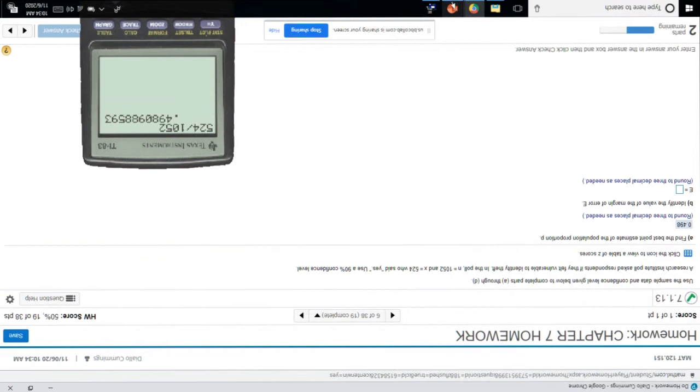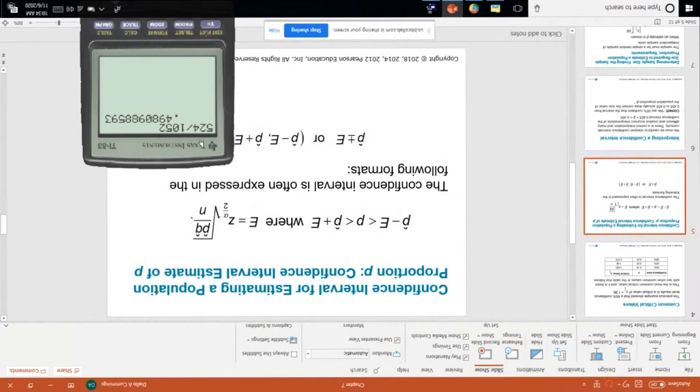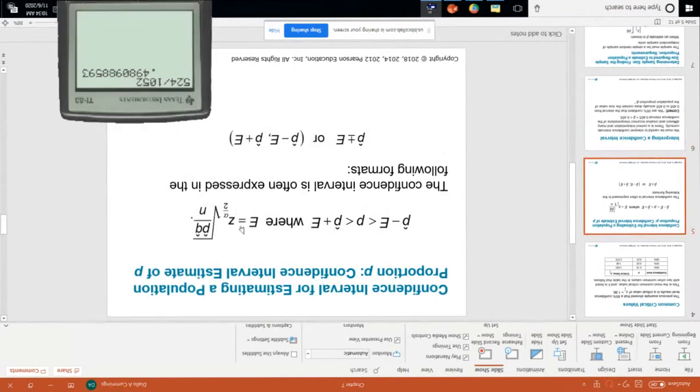So let's go back to our notes. Here's the actual formula for the margin of error. E is equal to the Z alpha over 2 value times the square root of P hat times Q hat divided by N. This is the formula that we're going to use to find the margin of error.